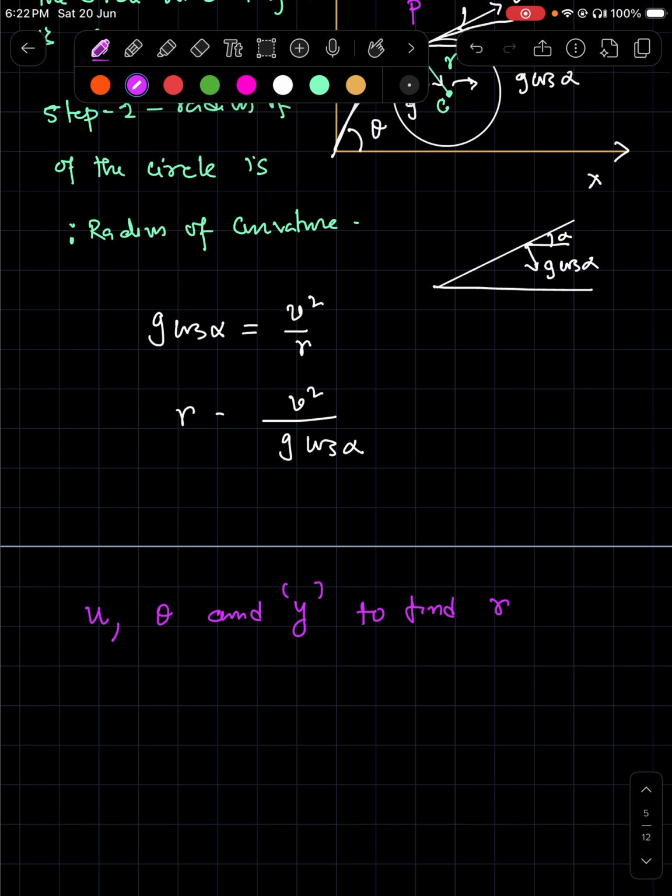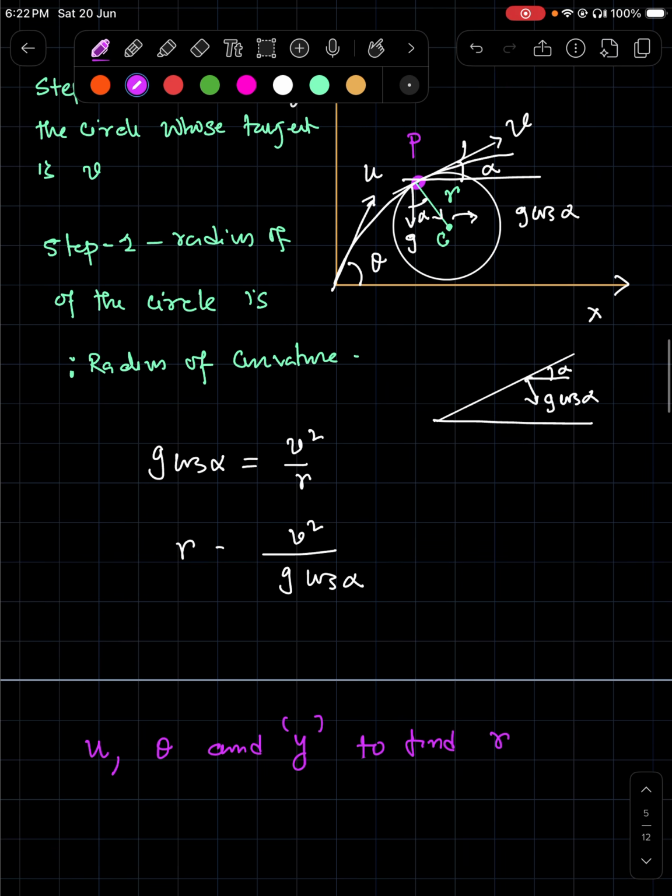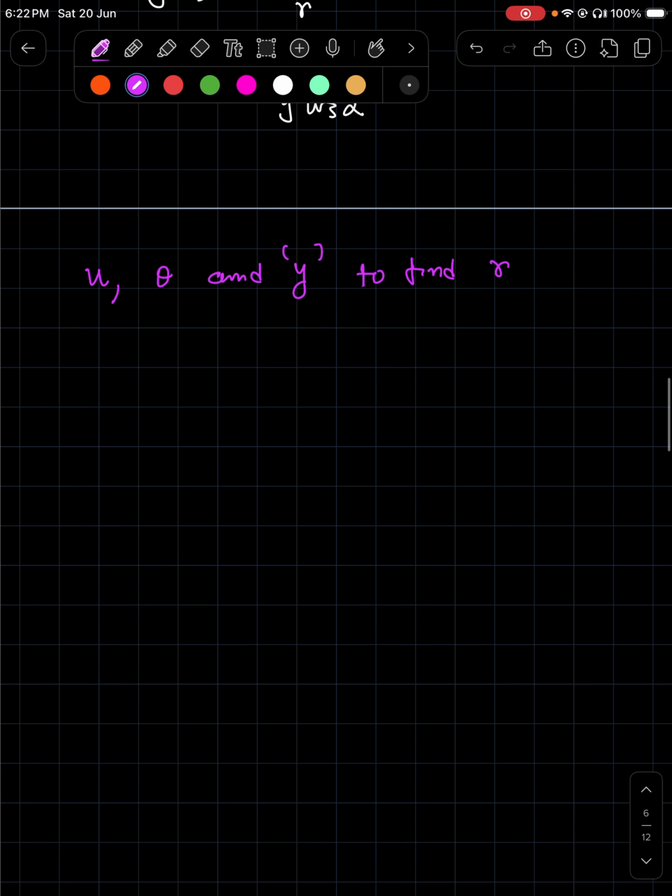Height means the height of the point P from the ground. Again, I'm going to draw this to make you understand better. Suppose this is the point P and this is the height y.